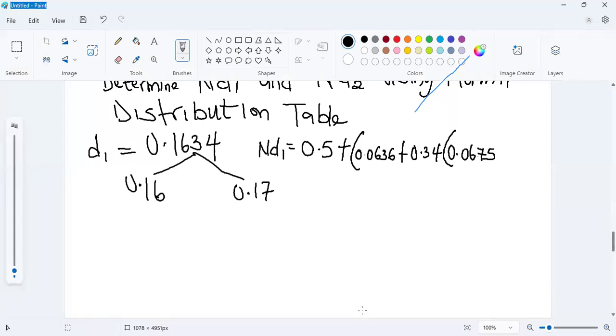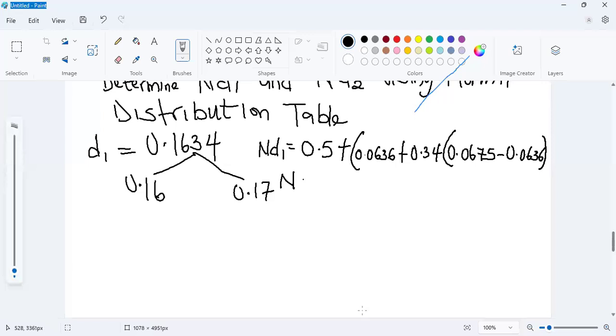That is minus the figure we got at the lower range, 0.0636. This will give you your ND1.